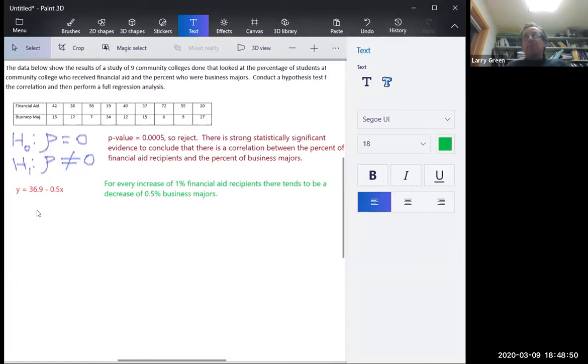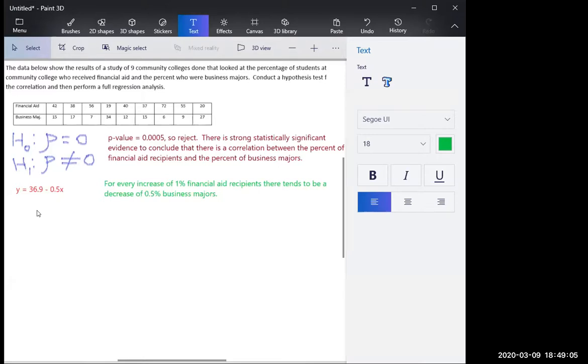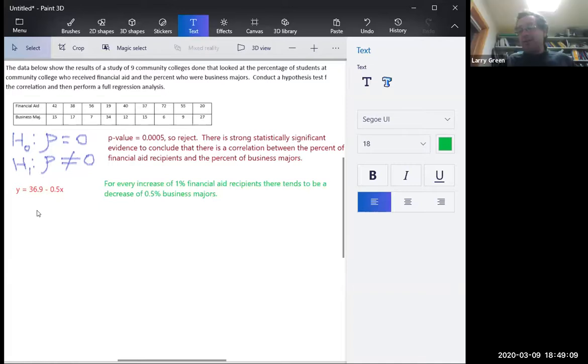Okay, that was the slope. The y-intercept is 36.9. Now, is that relevant? Can you have 36.9 business majors at a college? Is that a possibility first? No. Tell me why not.